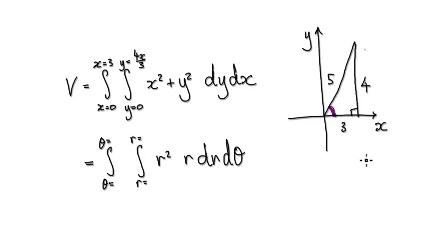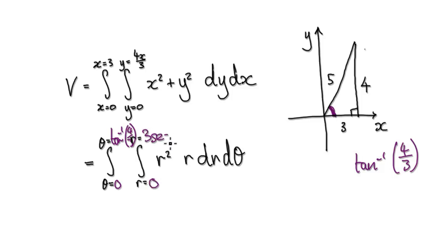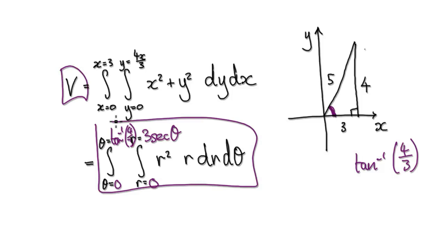Well, this angle here is inverse tan 4 over 3. So theta goes from 0 to inverse tan 4 over 3, and the radius is from 0 to 3 secant theta. So really the volume is given by this whole thing here.